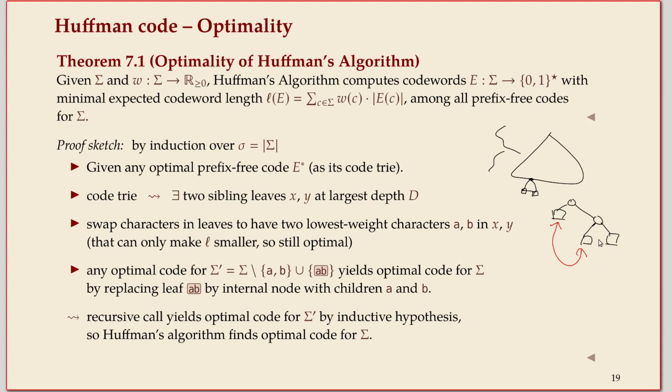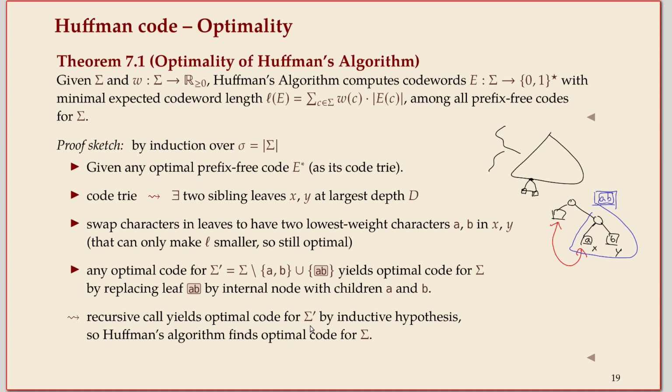And then if I have this situation, so this is X, this is Y, and they contain those two lowest weight characters, I can replace this whole subtree by conceptually a leaf for A and B, for the combined character. And then any optimal code for this reduced instance yields an optimal code for the big instance by replacing that leaf again by the subtree.